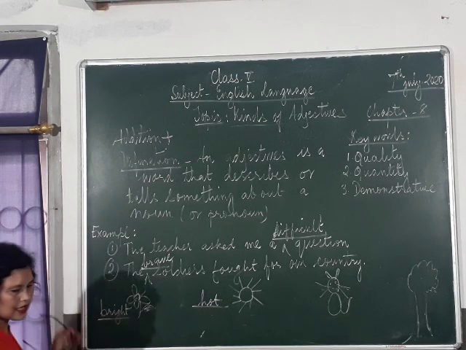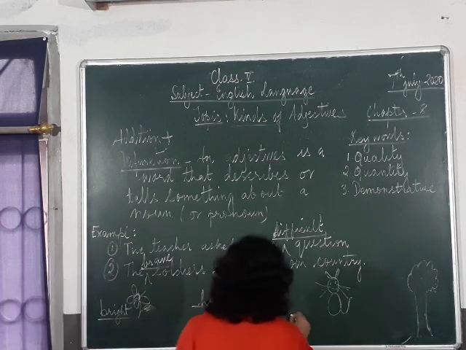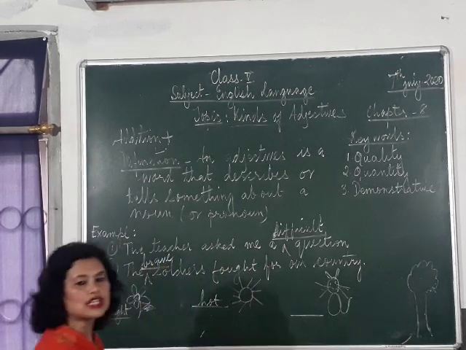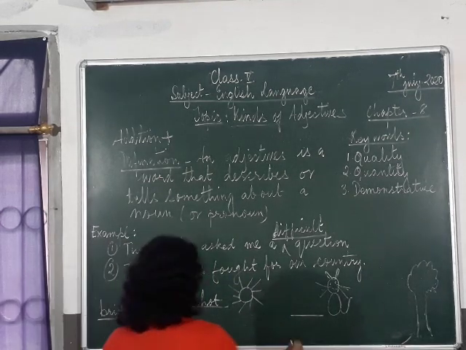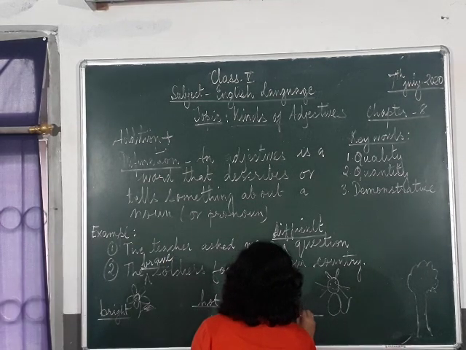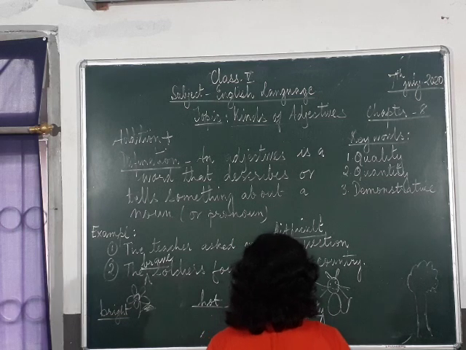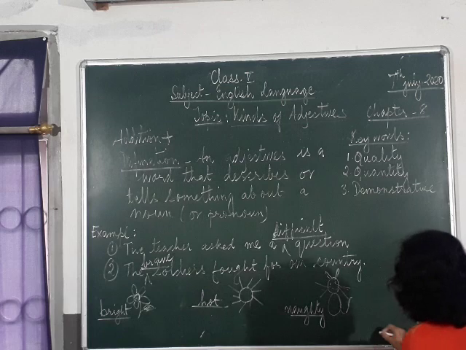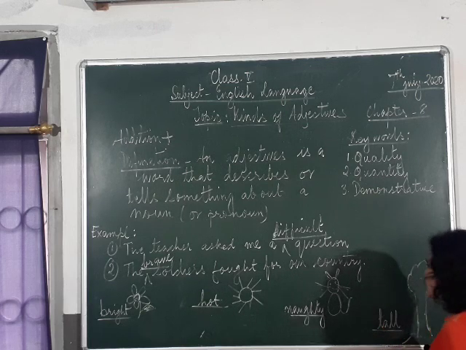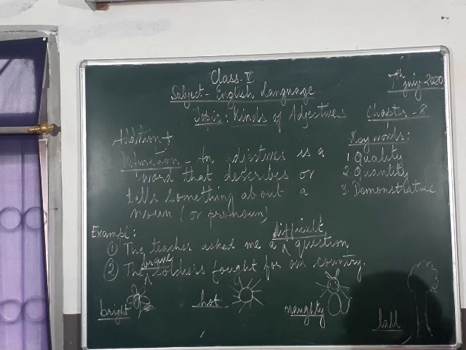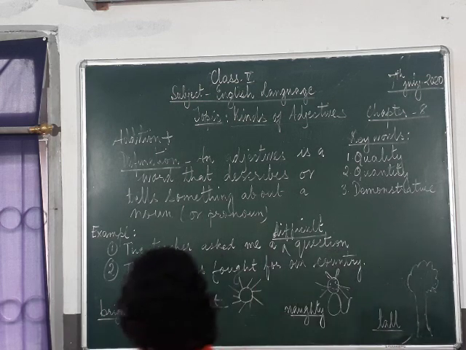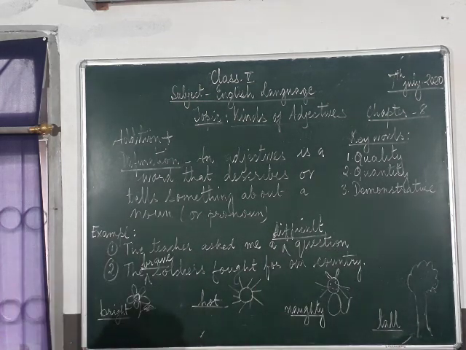Adjective: hot. Cat. It can be a black cat, a naughty cat. And this is a tree. You can add an adjective here: tall tree. So by adding adjectives to the nouns, it adds more meaning to the noun.